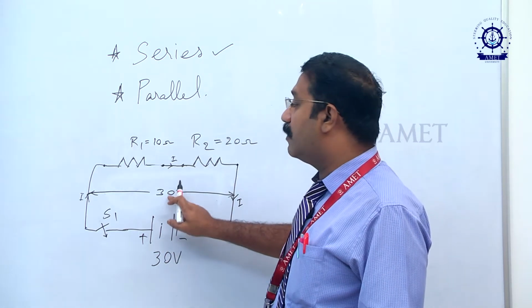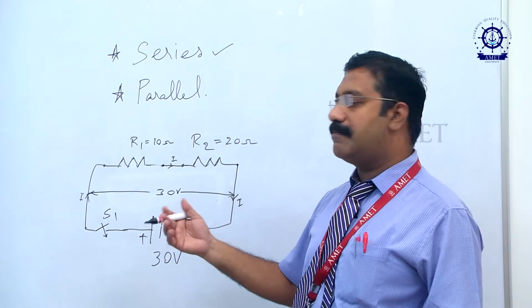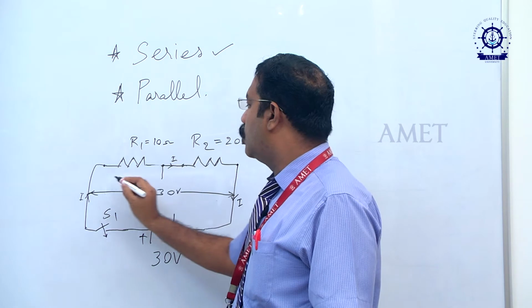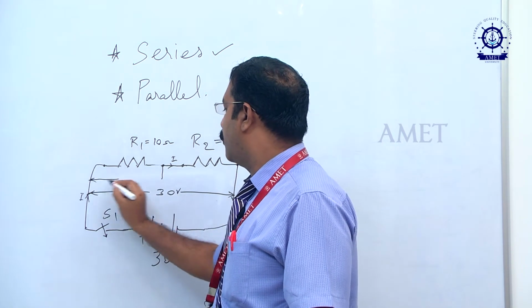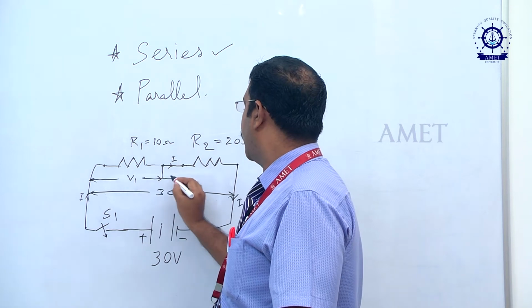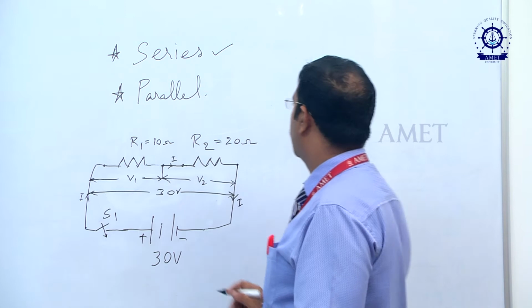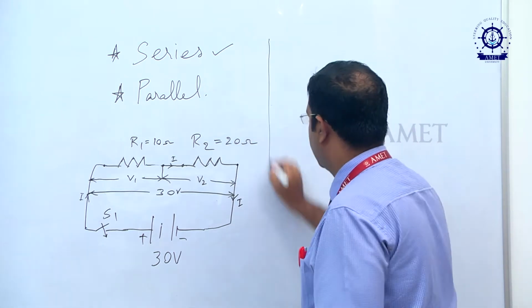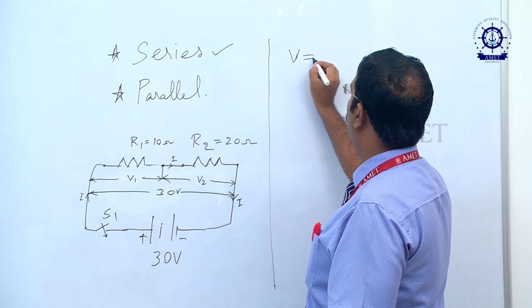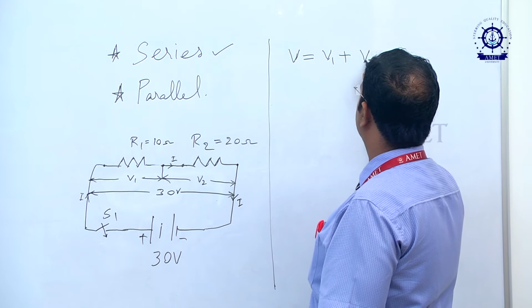This 30 volt will be divided according to some formula or parameters for the resistances, because we have two resistances. Therefore, this is V1 and the next one is V2. We can easily derive that total voltage V will be equal to V1 plus V2.